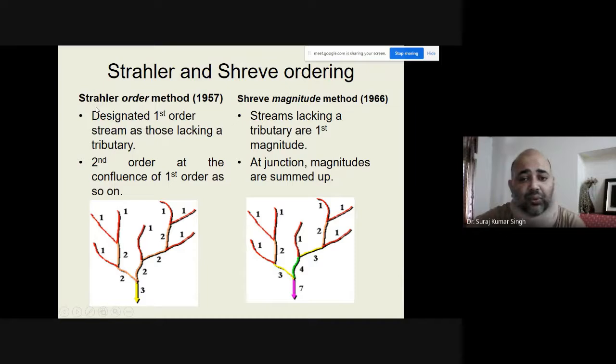If you go for the Strahler order method of 1957, this designates as first order those streams lacking a tributary.